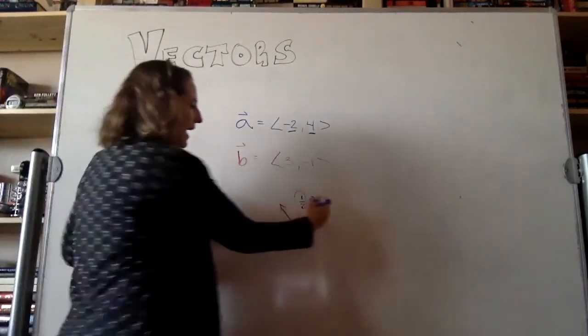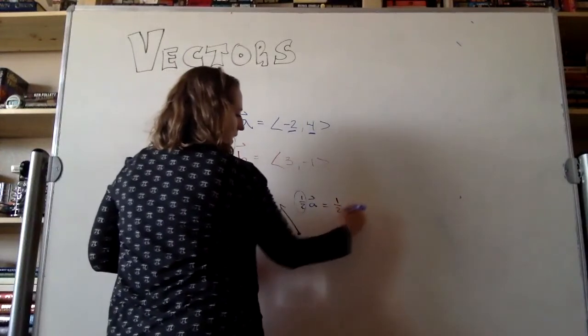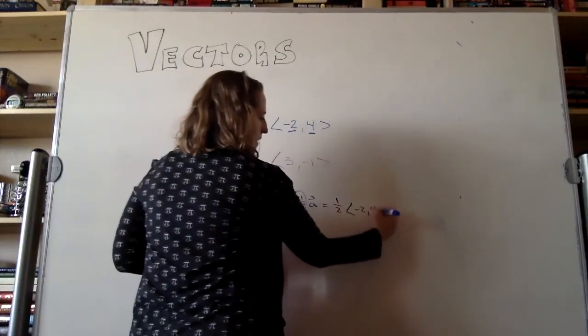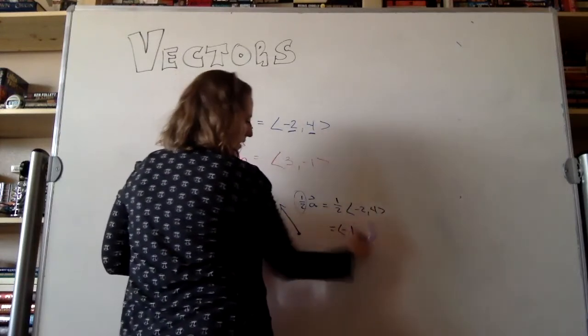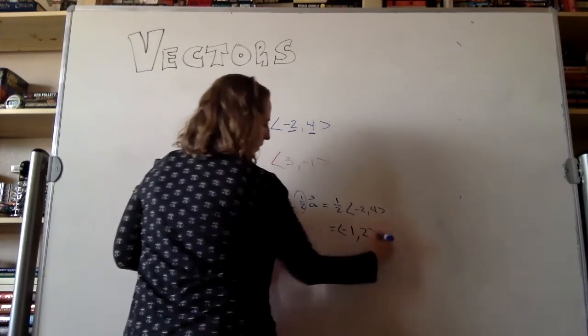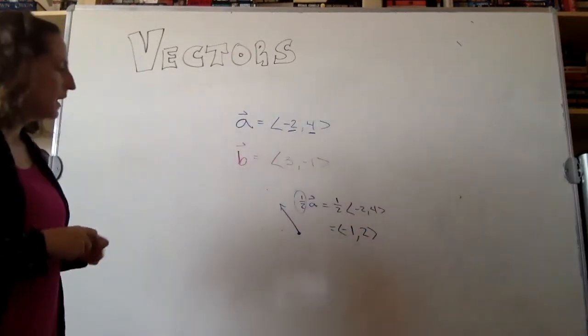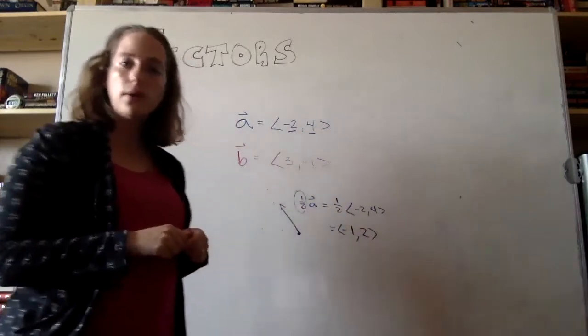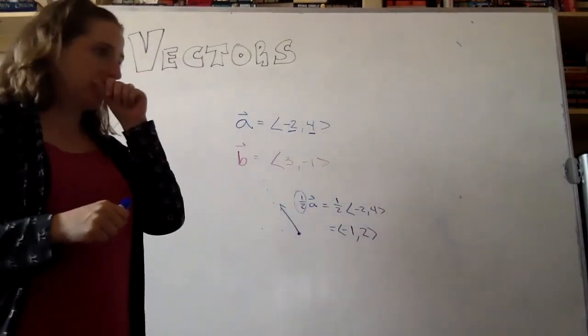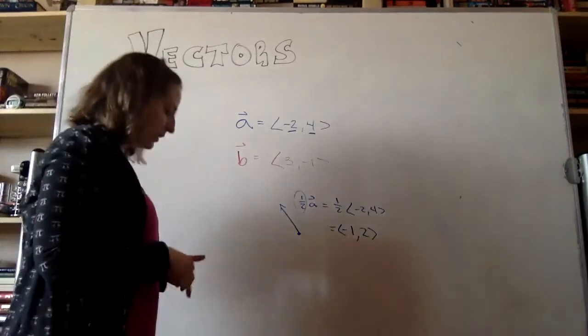If I want 1/2 A, well, that looks like 1/2 of -2, 4, but that looks like 1/2 times -2, which is -1, and 1/2 times 4, which is 2. Okay? So scalars, or scalar multiples, multiply through to components when we have things in horizontal and vertical component form.